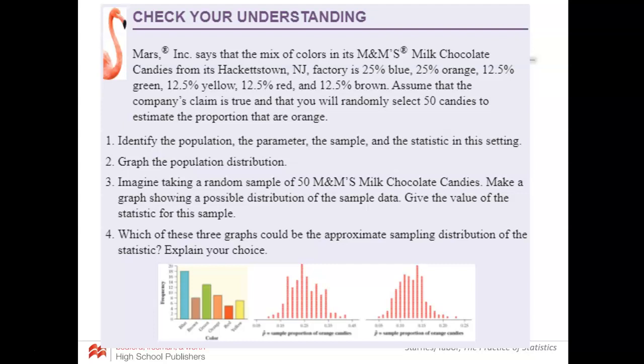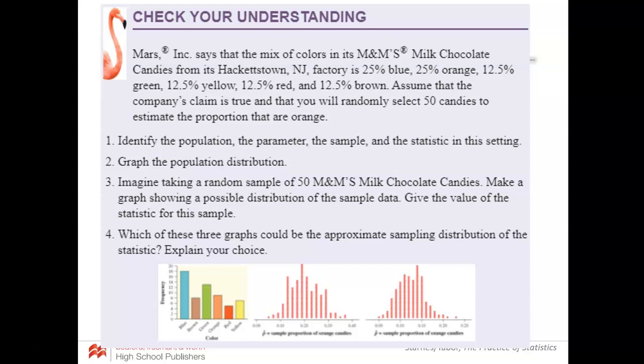It's not difficult, but as a fellow non-artist, I don't really love making graphs on paper and pencil. And then part 3, we're going to imagine taking random samples of 50 M&Ms and make a graph showing a possible distribution. What I already put on your student sheet is just one example of what could happen. You just have to remember that you're sampling 50 M&Ms, so things have to kind of make sense.